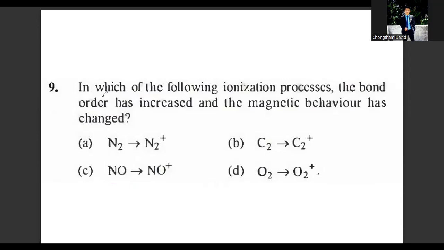Then in C2 plus, bond order is 1.5 and it is paramagnetic. In nitric oxide, bond order is 2.5, paramagnetic, and in NO plus, bond order is 3, it would be diamagnetic. In an oxygen molecule, bond order would be 2 and paramagnetic, and the bond order in O2 plus would be 2.5 and it is paramagnetic.